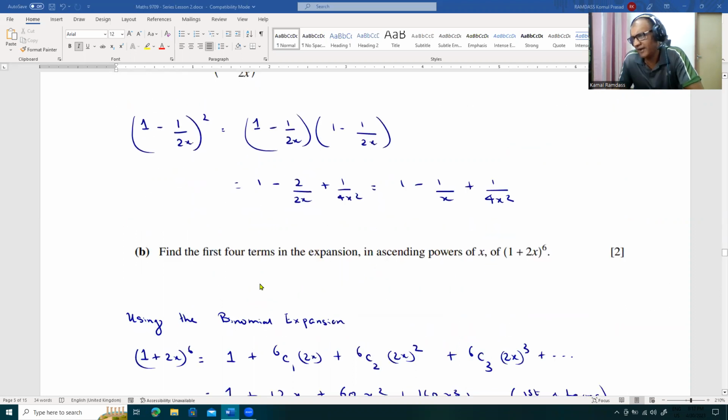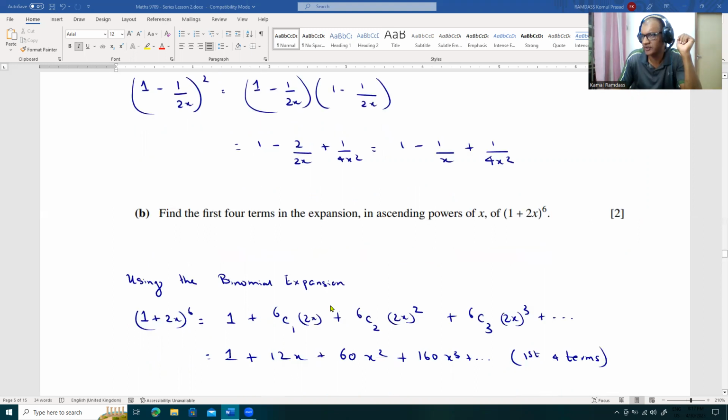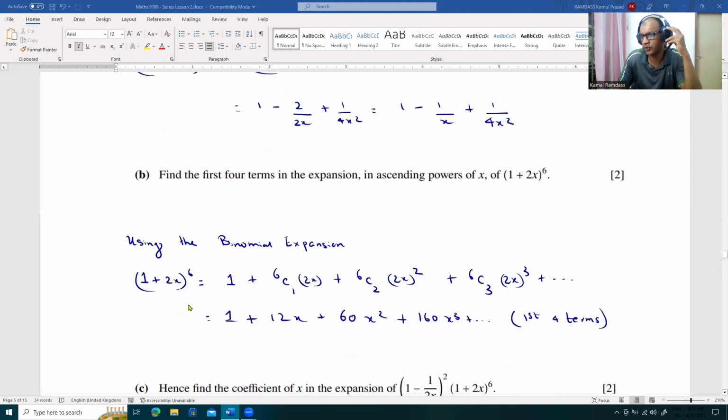And then you want to find the first four terms in the expansion, in ascending powers of x, of (1 + 2x)⁶. And here, I use the binomial expansion. (1 + 2x)⁶ is equal to 1 + ⁶C₁ times 2x.